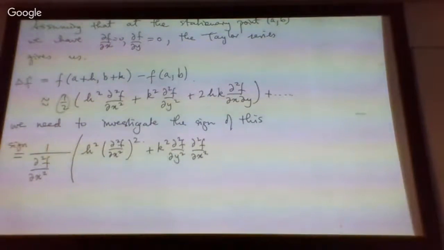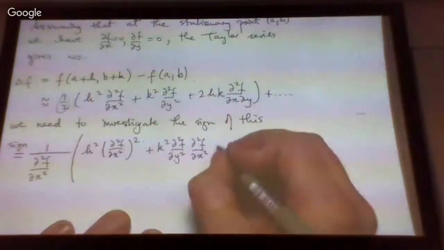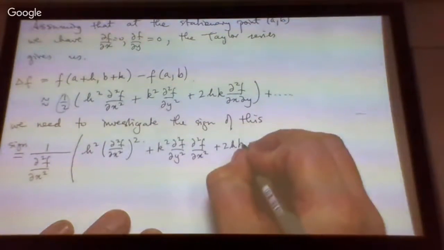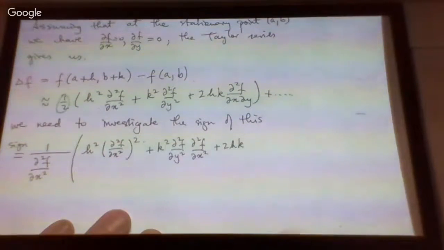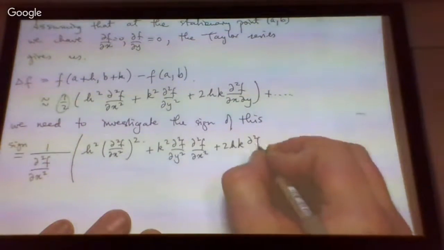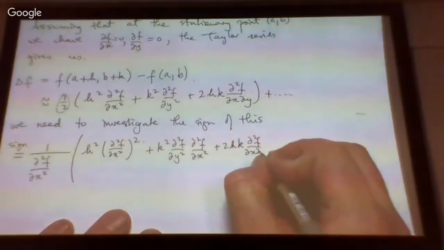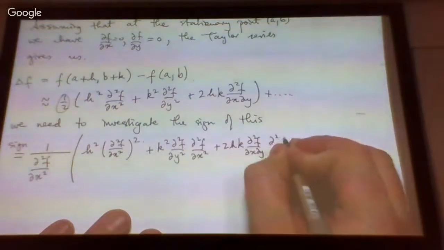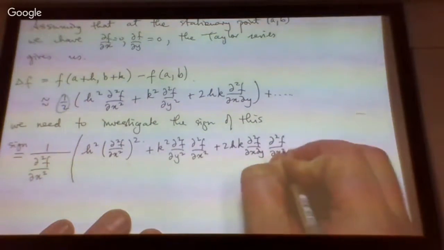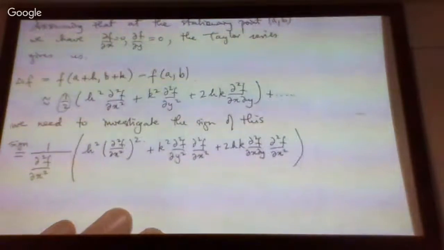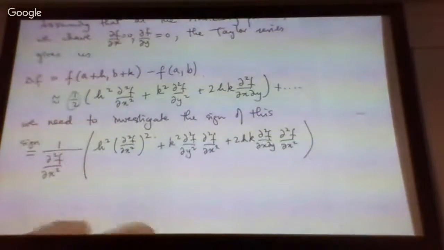And then we've got our 2hk, got my d2f dx dy, and again, this is multiplied by d2f dx squared. So what I've done there looks kind of artificial.